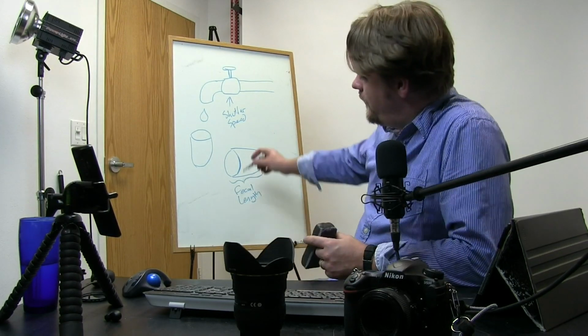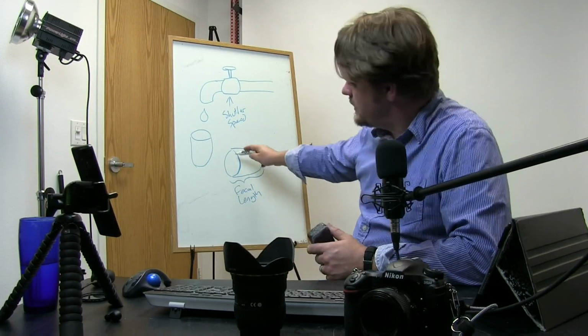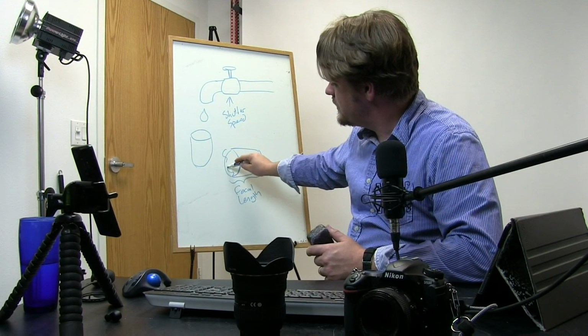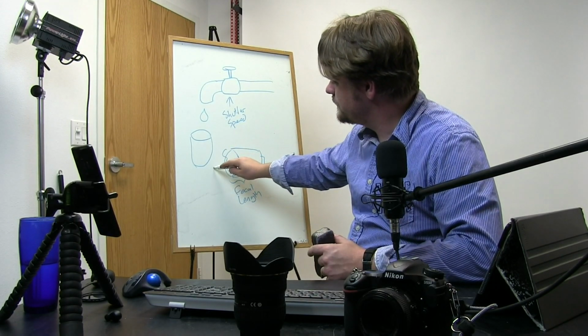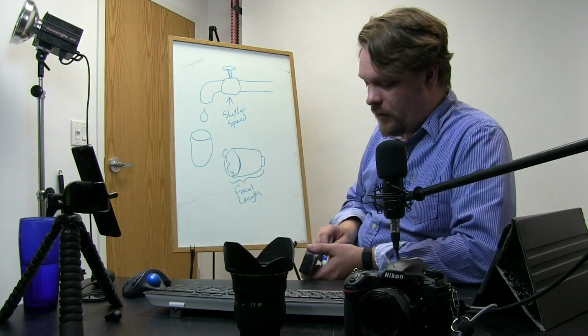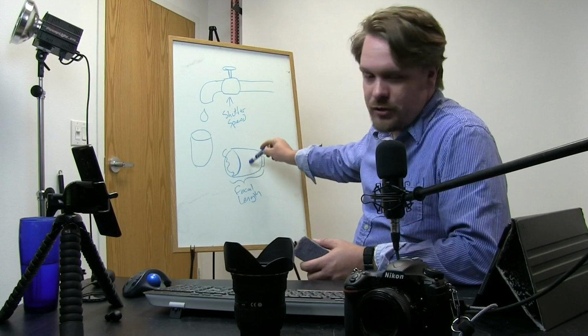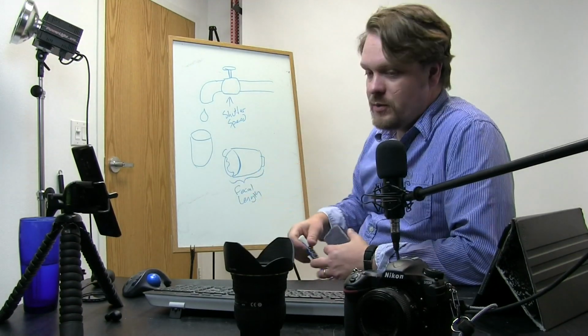So that's how long the lens is. Then you have the width of the lens element, and the ratio between the size of the aperture, which is what lets light in.